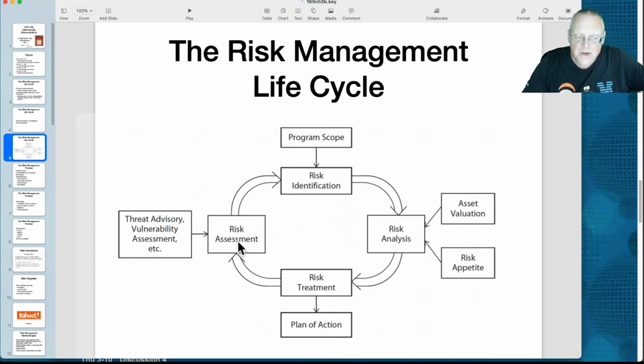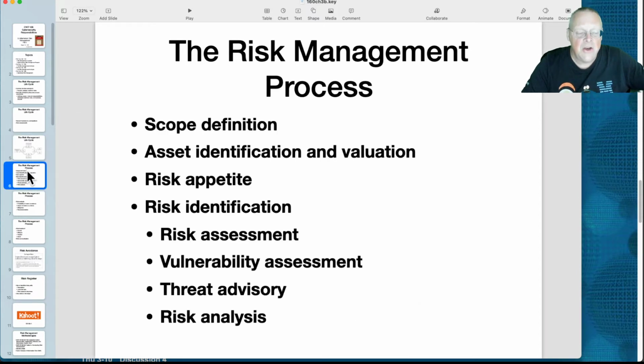And then you do a risk assessment, vulnerability assessment, and so on, to determine how much risk you have left and decide to what extent your treatment has been successful. And then you return back to identifying the remaining risks and deciding which ones of them need treatment, and you just go around and around and around forever, presumably constantly improving your risk mitigation.